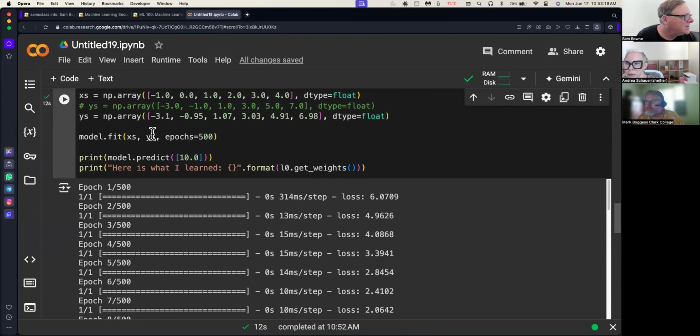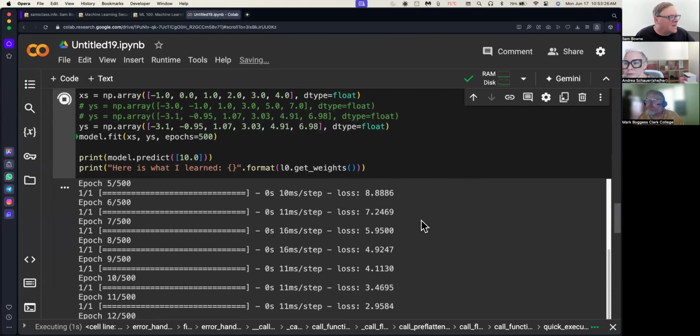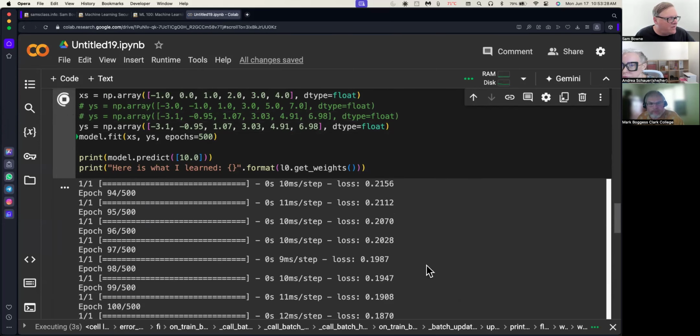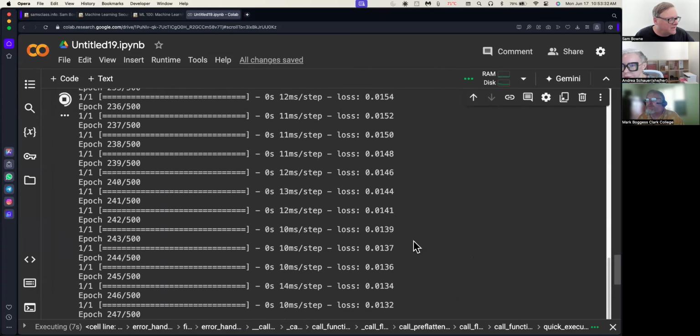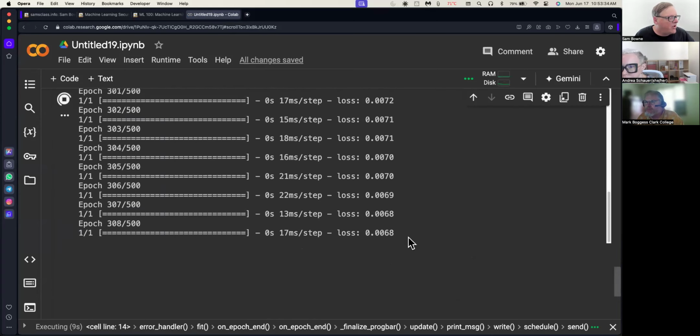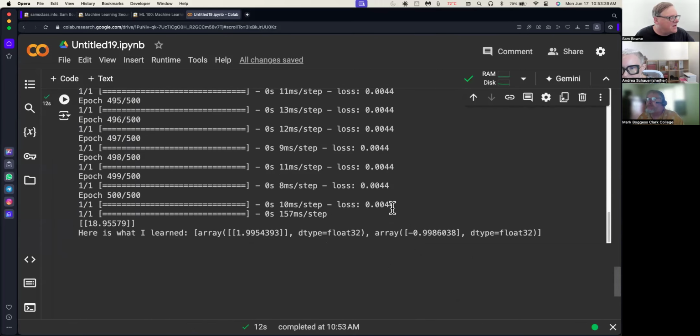All right. So now I'm going to comment out that one and put in this one, which is wildly different data. Now the loss is 21, 8, 0.4, 0.1, 0.04. Get down to like 0.06, 0.05. All right. So it, again, gets down to 0.004.